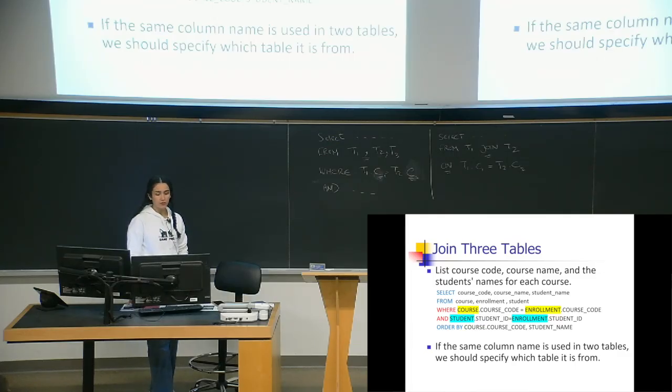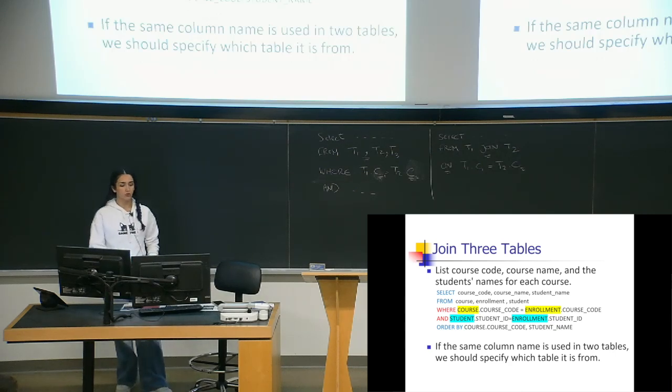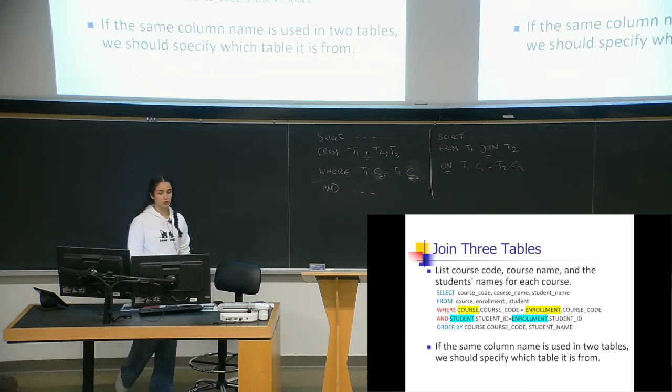So you see here, for example, when you want to write the join condition between the course table and enrollment table, you write where course.course_code is equal to enrollment.course_code. This is true also in the select statement.